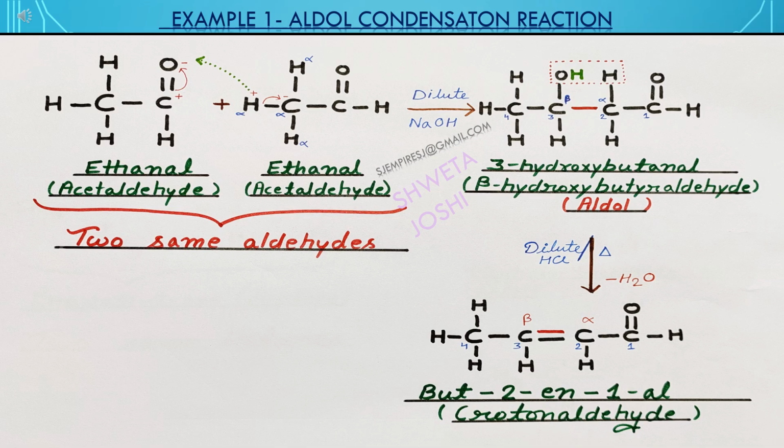The alpha hydrogen from the second ethanal molecule will lose the shared pair of electrons towards the carbon atom and will become positively charged and then migrate to the negatively charged oxygen atom of the first ethanal molecule. The positively and negatively charged carbon atoms will form a bond, giving rise to aldol as product. Aldol, when heated, will lose a water molecule, forming alpha-beta unsaturated product.